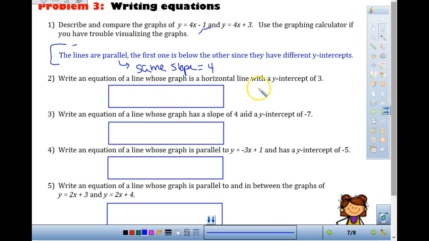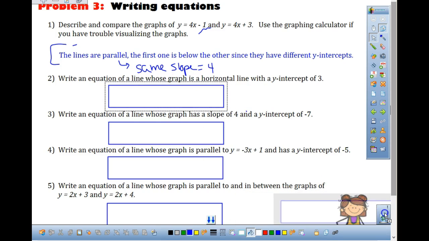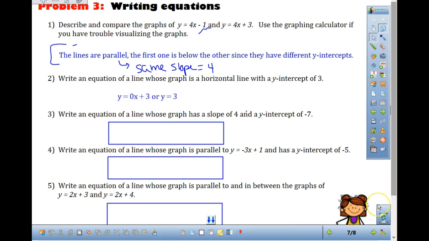It has to be horizontal. So what do we know the slope is? 0. Can you put in 0x plus 3? Yes. Could you just put y equals 3? Yes. We cannot have x plus 3, x would be 1. So I want either one of those two for number 2 up there.